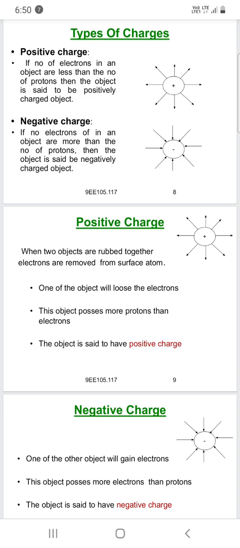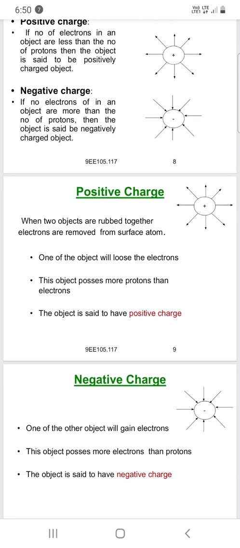If the number of electrons in an object is less than the number of protons, then the object is said to be a positively charged object.